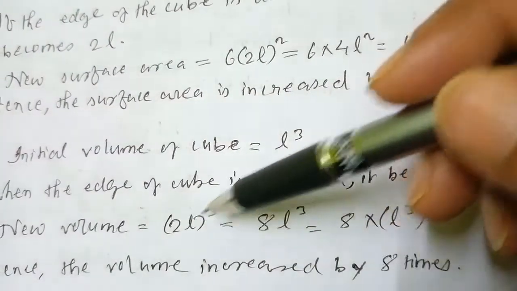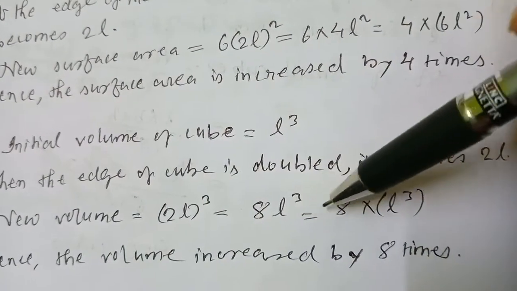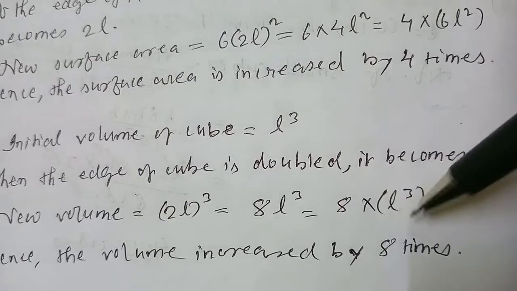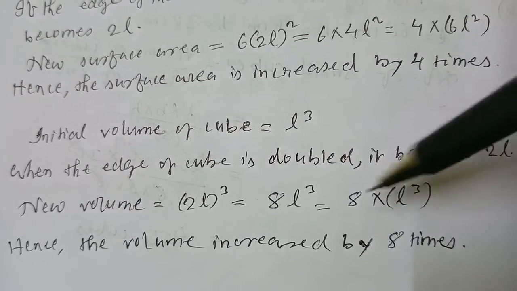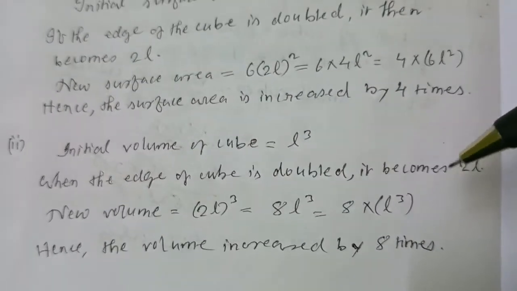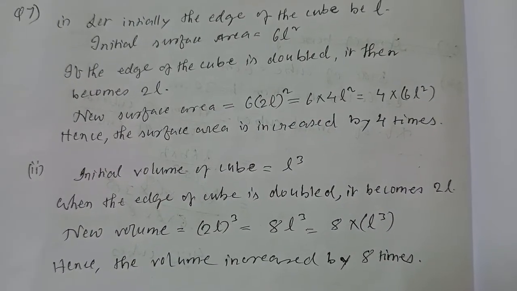Now it will be (2L) cube. So 2 cube is 8 and L cube is L cube. So now we will again separate it, 8 into L cube. So L cube is the initial volume. So it is 8 times of initial volume. So the volume will increase by 8 times. Now understood the way of doing this question? It is a very important question. Remember this.